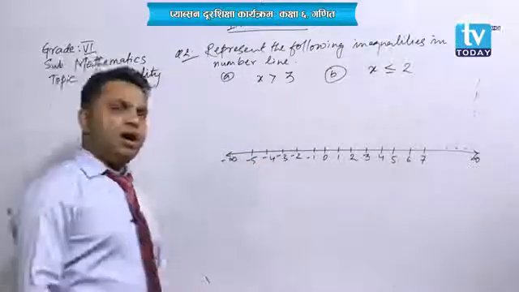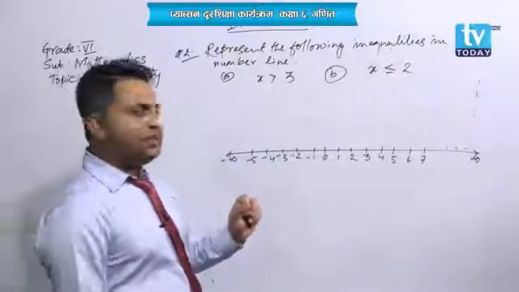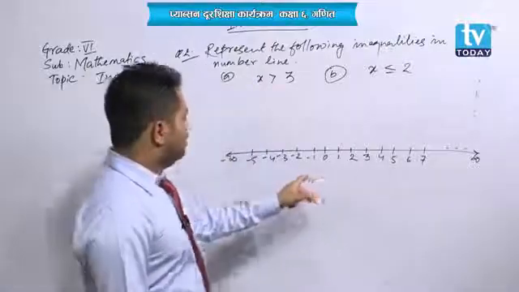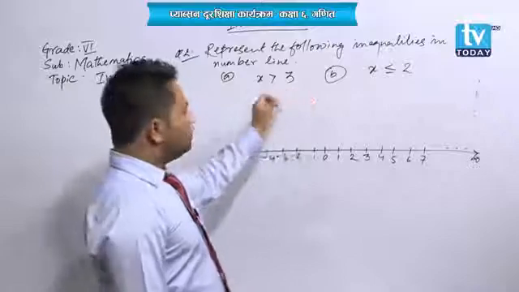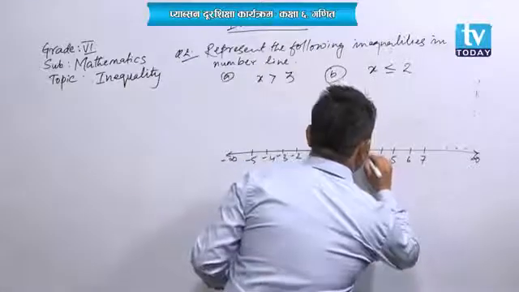Now how to represent this on the number line? The value of x must be greater than 3. Greater than 3 means more than 3. Here 3 is on the number line.